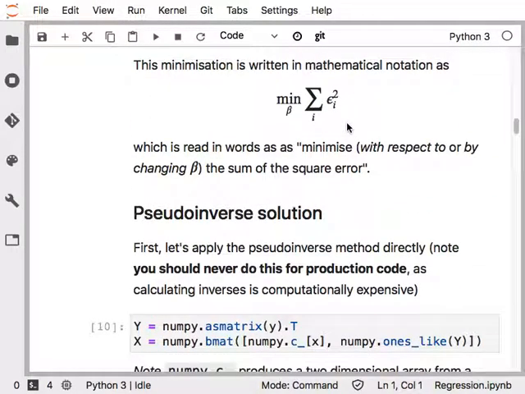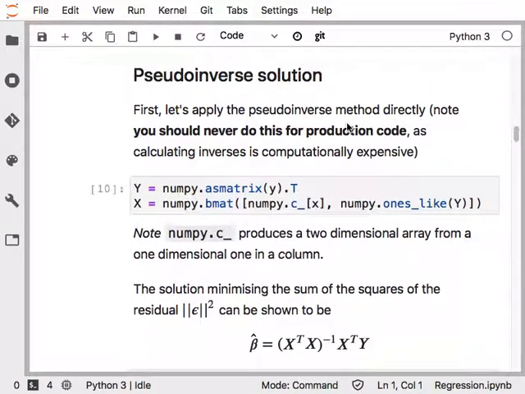Now, I don't expect you to do that. I just expect you to understand that this solution exists, and that's what it looks like. I don't even expect you to memorize this, because I expect you never to use this formula ever in your life.